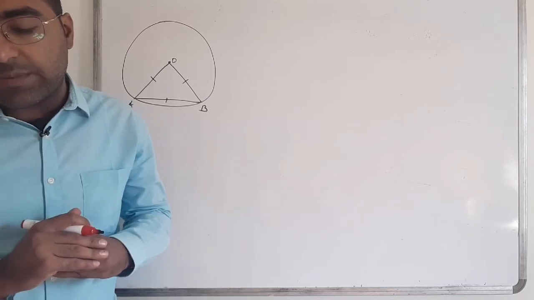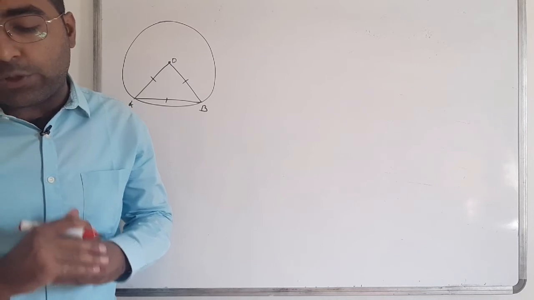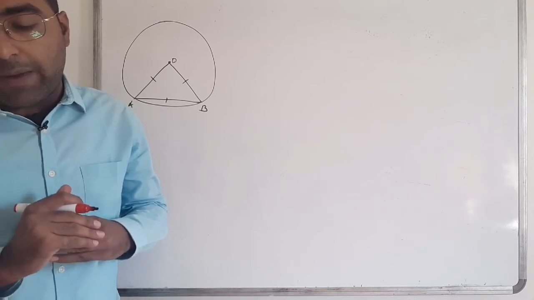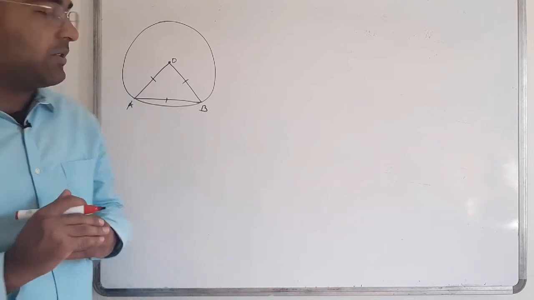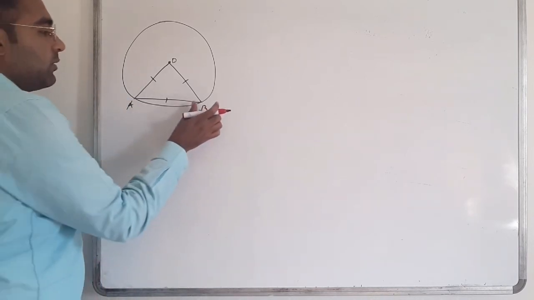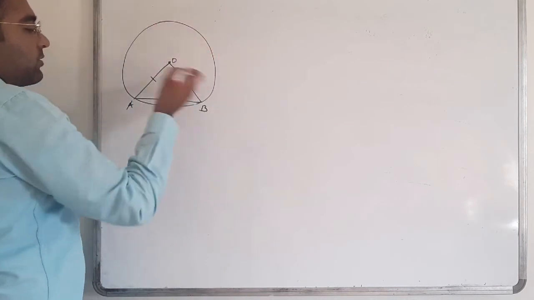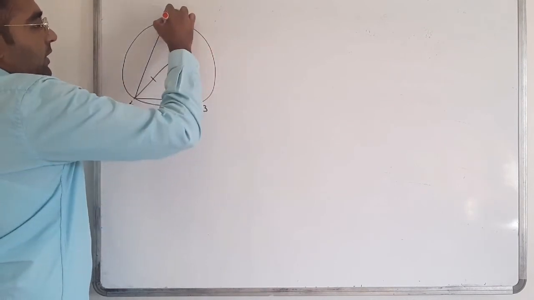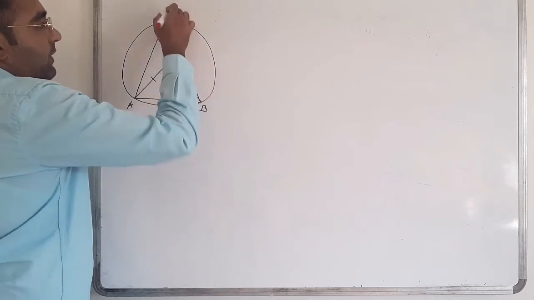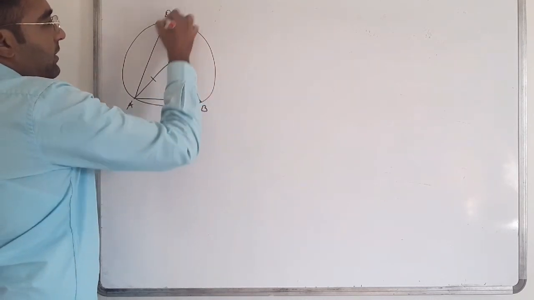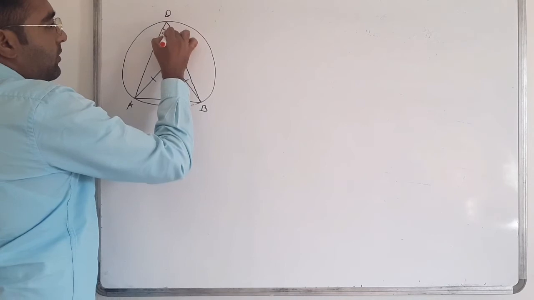Find the angle subtended by the chord at a point on the minor arc and also at a point on the major arc. This is the major arc, so I'll form one angle here. First we have to find the angle at the major arc, this angle.